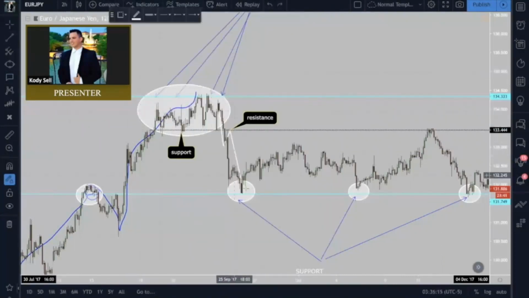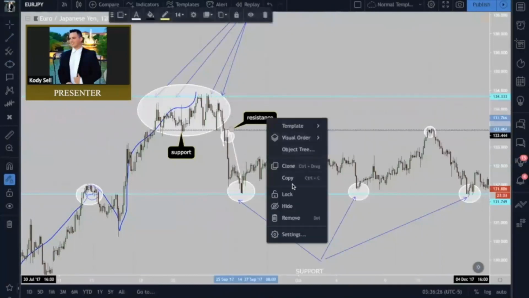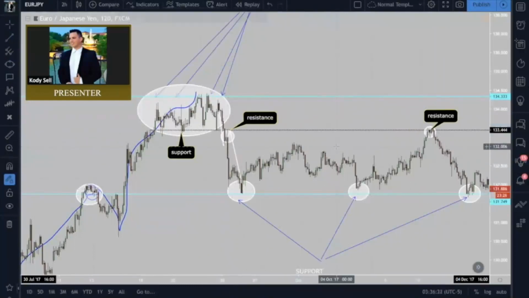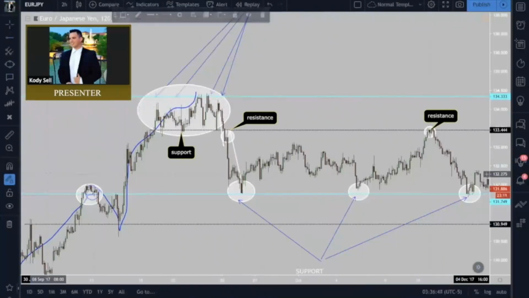And then note this, look what happens when price gets back up to this level. So again, we see what was once acting as support is now acting as resistance. You can see it again down here, another example. You have resistance right here.